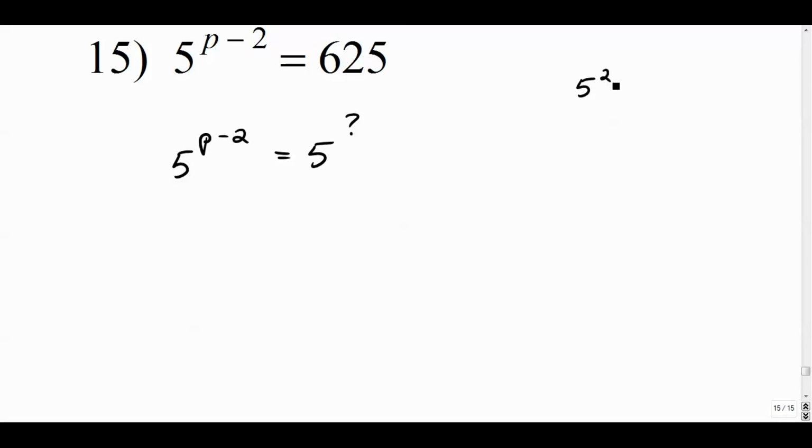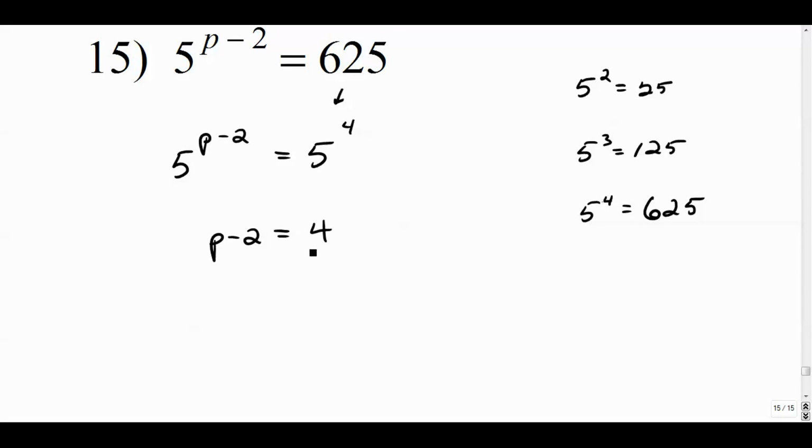So let's see, 5 squared is 25. 5 to the third power is 25 times 5, which is 125. 5 to the fourth power is 125 times 5, so that's 500 plus another 125, so that's 625. So 5 to the fourth power is 625. I just matched those bases up. So now p minus 2 is equal to 4. P is equal to 6.